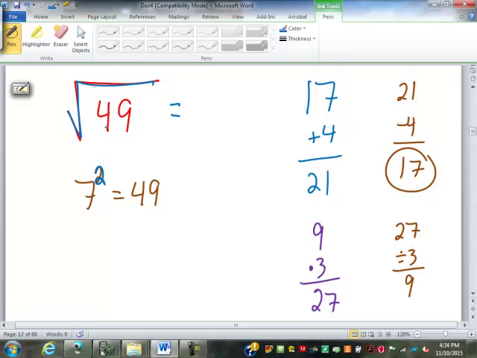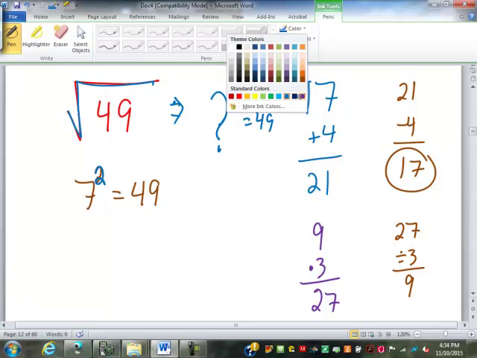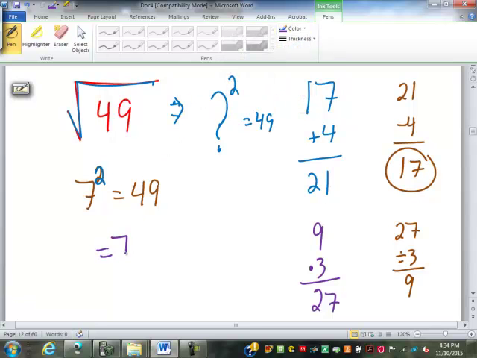So what this is asking us, the square root of 49 is asking us what number squared equals 49? 7. Perfect. Just like here, 27 divided by 3 is asking us what number times 3 equals 27.